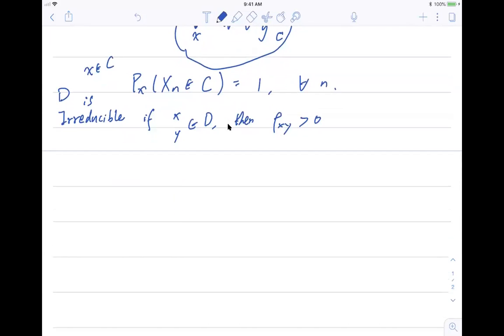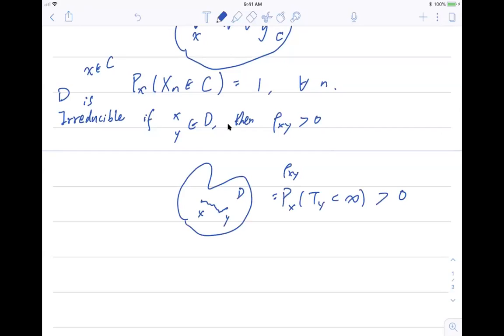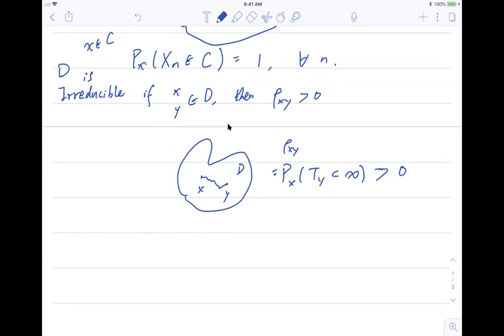If you have a set D, then for any two points X and Y, it's accessible: you can go from X to Y. Starting from X, in finite time you can reach Y with positive probability. It's a notation in probability.